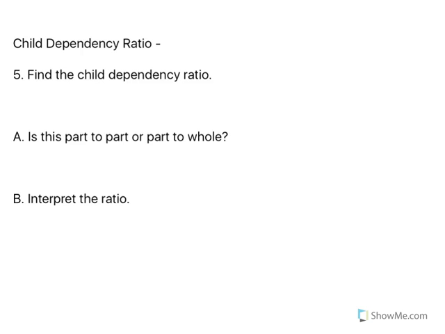Okay. Now we're going to get into the child dependency ratio. So what this means is that when we talk about dependency ratios, people that don't work, the kids and the old people, are dependent on the working class. So the child dependency ratio puts the children over the workers.